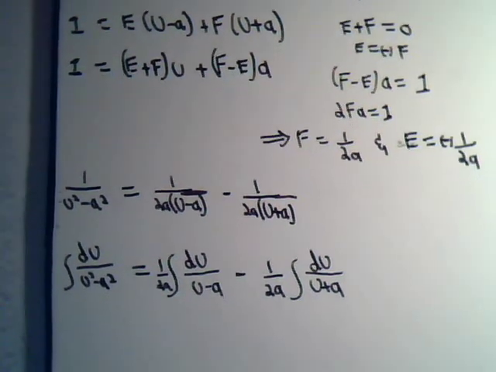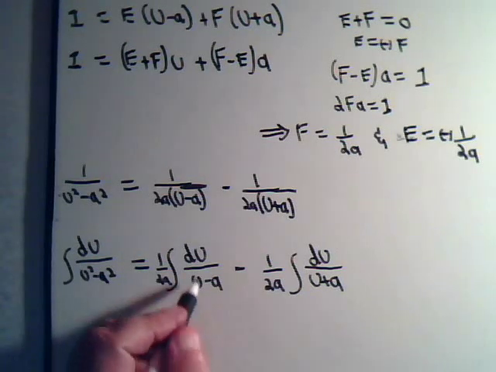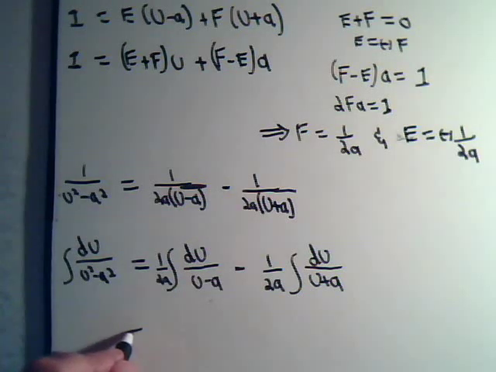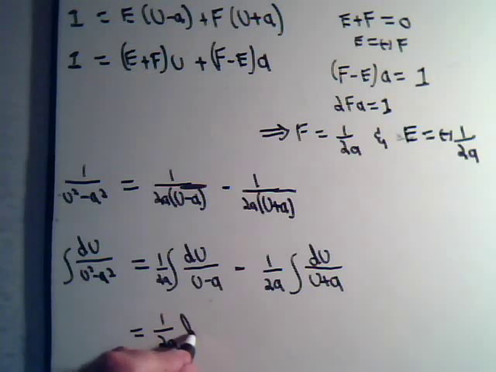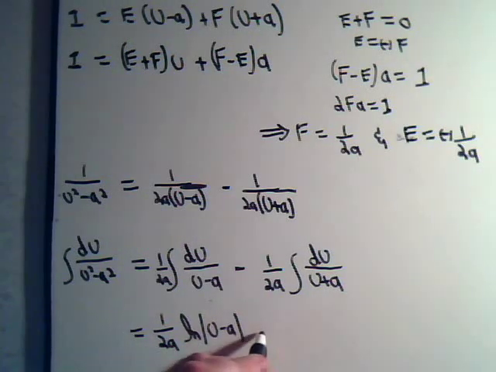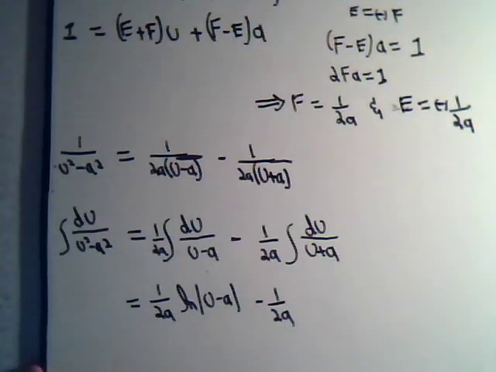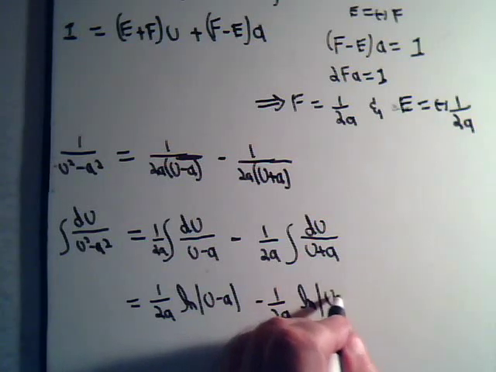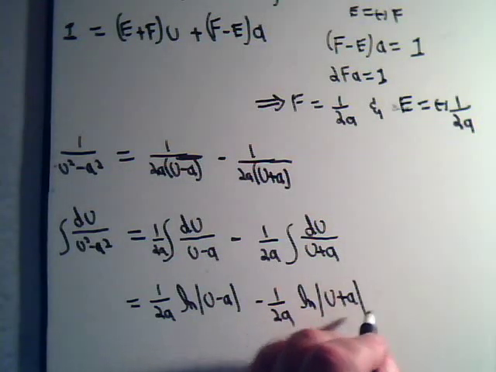And we should recognize these integrals now. This would just be the natural log of u minus a. This would be the natural log of u plus a. So we have 1 over 2a times the natural log of u minus a, minus 1 over 2a times the natural log of u plus a.